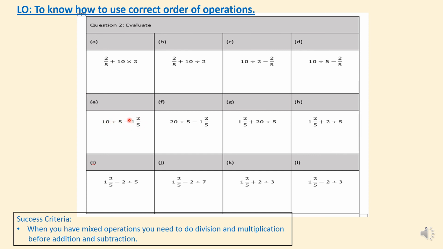You need to change that to an improper fraction: 1 times 5 is 5, then 5 add 2 is 7, so it's going to be 7 over 5. So this mixed number as a fraction will be 7 over 5, and then you do your calculation. Okay, now pause the video and have a go with all these questions, please.